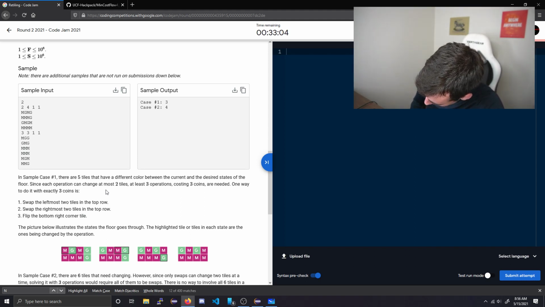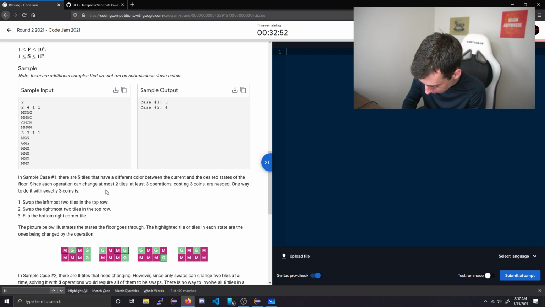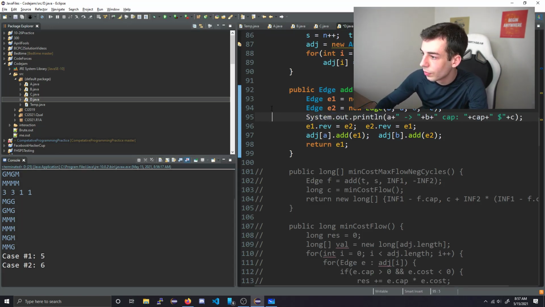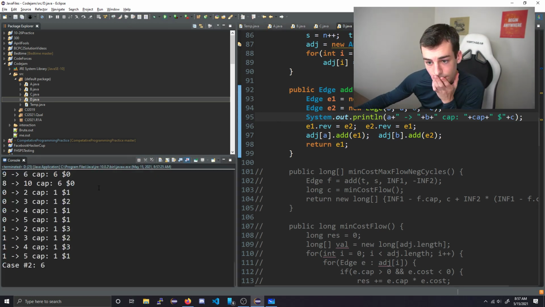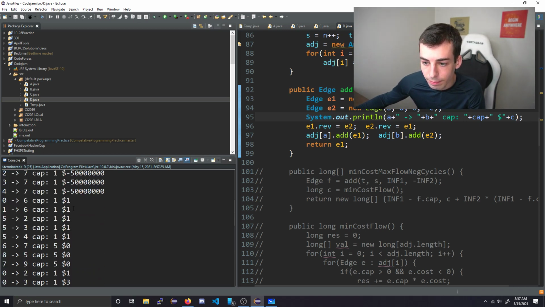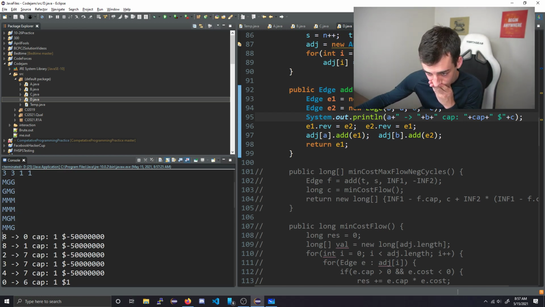So these three stay the same, otherwise they change. So you've got 0, 1, 0, 1, 1. Zero, 1, 2, 3, 4, this will be 5.